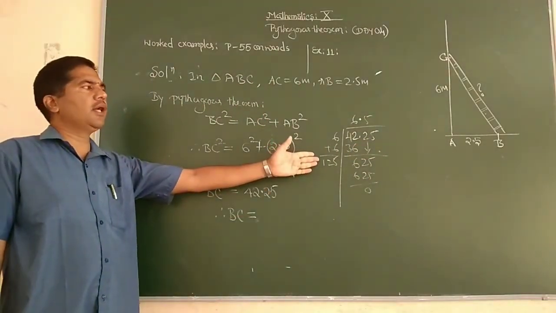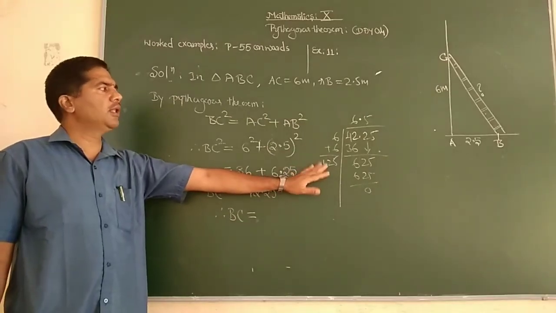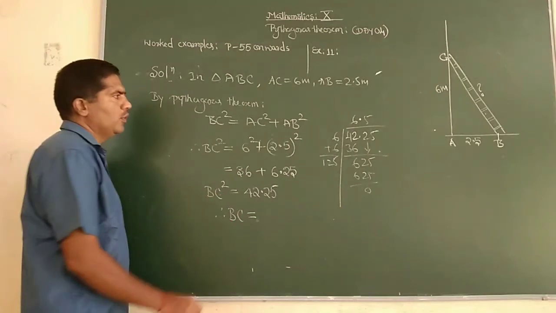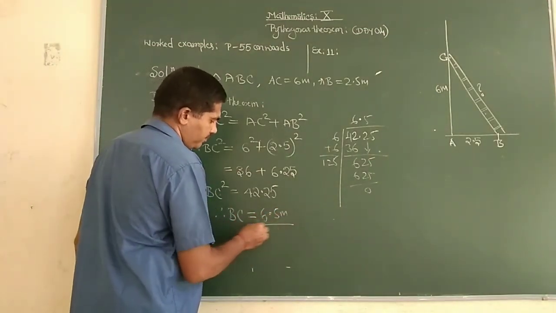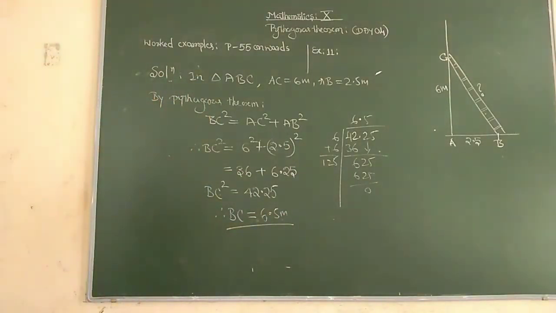I think now in class 8 this method is deleted, but the division method is easy to find the square root. So BC equal to 6.5 meters, you get. Then write the sentence: the length of the ladder is 6.5 meters, that you are supposed to write.